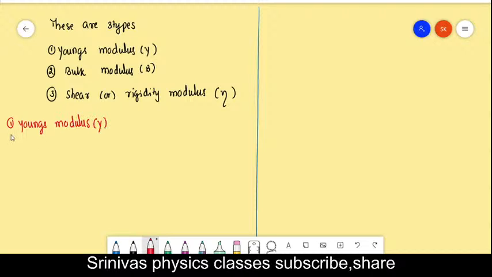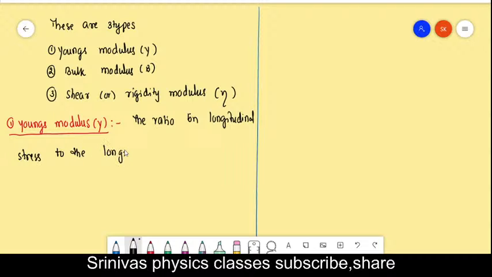Young's modulus is denoted by Y. It is the ratio between the longitudinal stress and the longitudinal strain. The ratio between longitudinal stress and longitudinal strain is called Young's modulus.